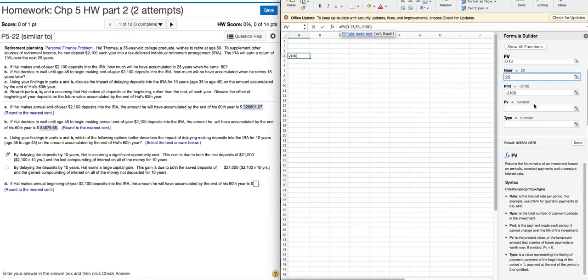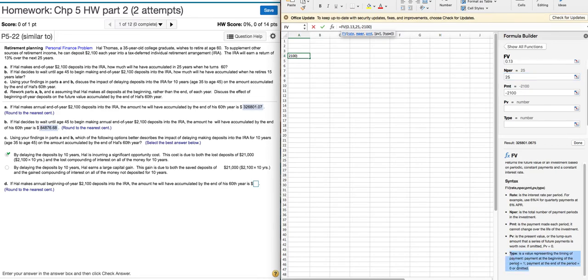And here we just want to tell Excel that this is an annuity due as opposed to an ordinary annuity. And so if we look down here in the notes, it says in the type field, we would need to enter a 1 to represent payments at the beginning of the period. So this will help tell Excel that this is an annuity due as opposed to an ordinary annuity.